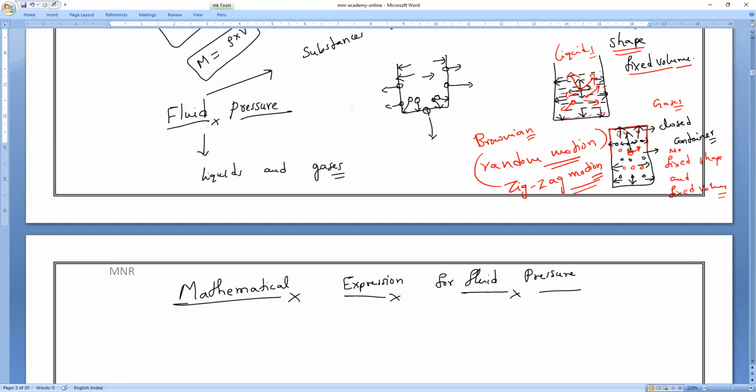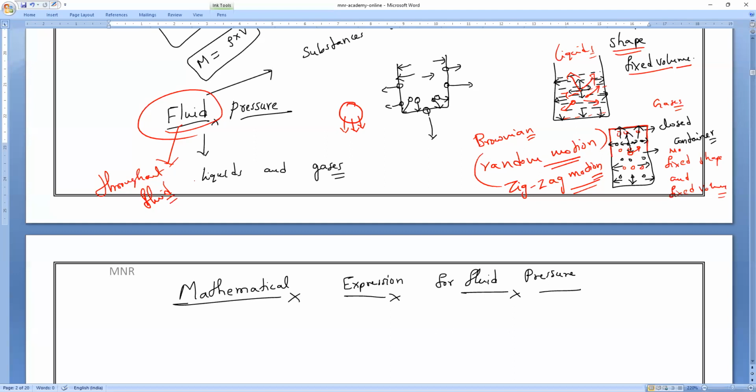Solids exert pressure only on the bottom surface, and liquids and gases, which means fluids, exert pressure throughout the fluid. Very, very important. Pressure is exerted on all the walls of the container and among the particles themselves.